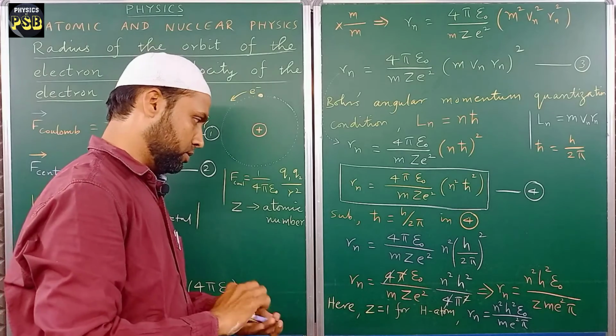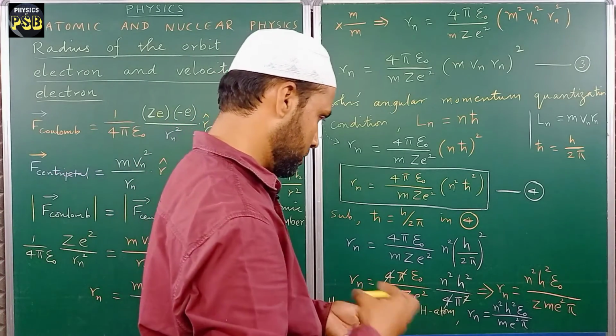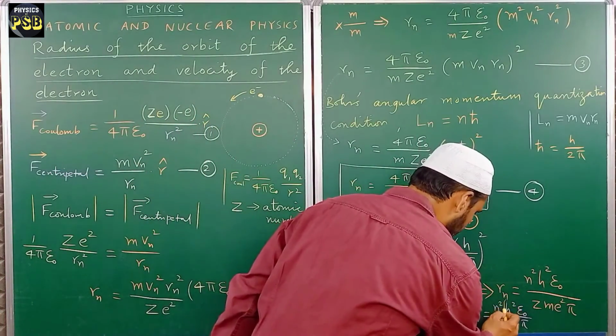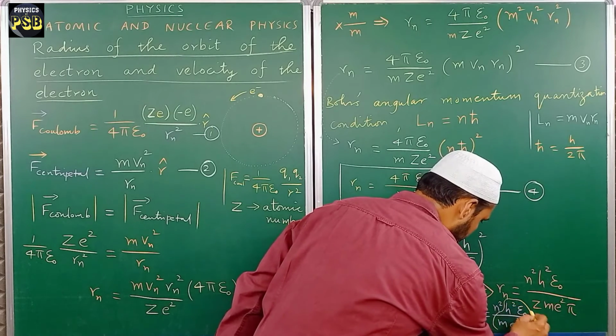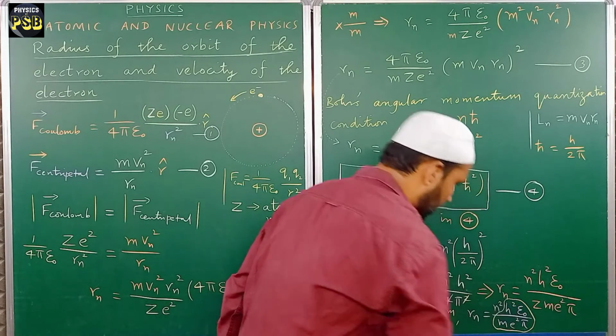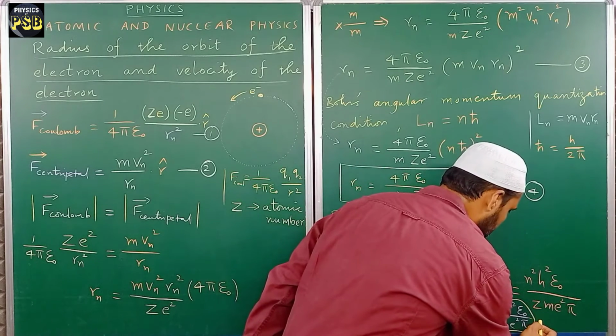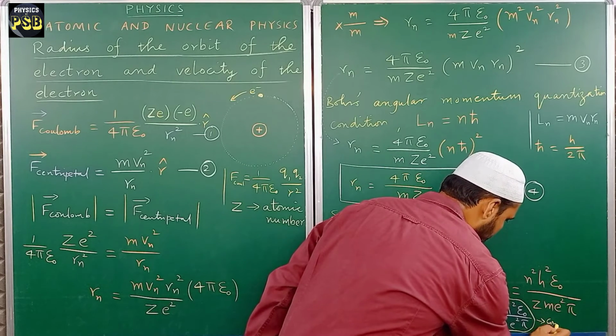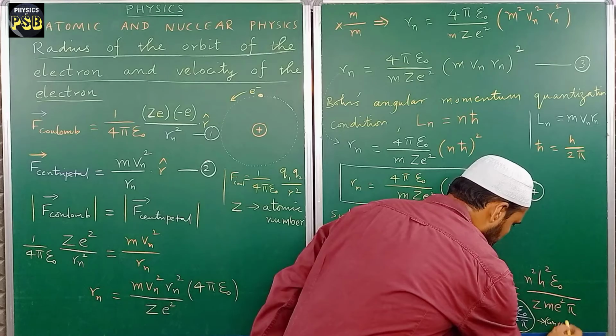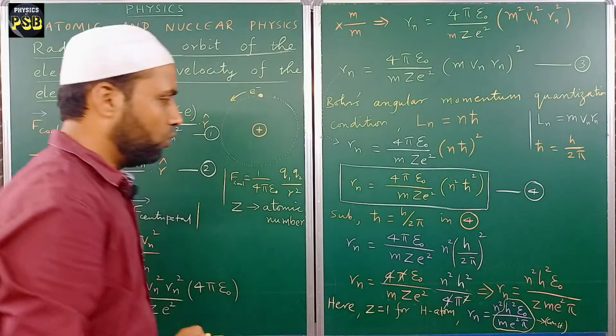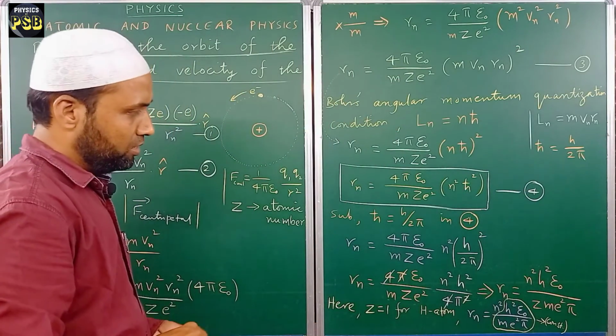Here except n, all the terms are constant. So what we'll get in the next step? We get this.